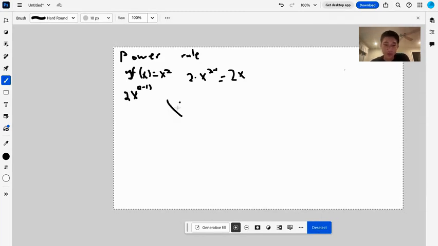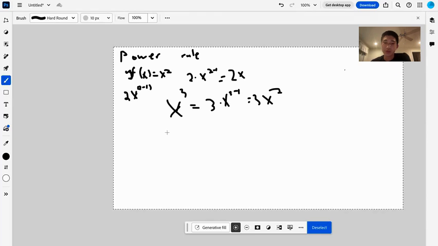And you can see if it's x cubed, the exponent is 3. So 3 times x to the 3 minus 1, which is just 3x squared. And you can do this for anything. Now, let's say you have 4x cubed.